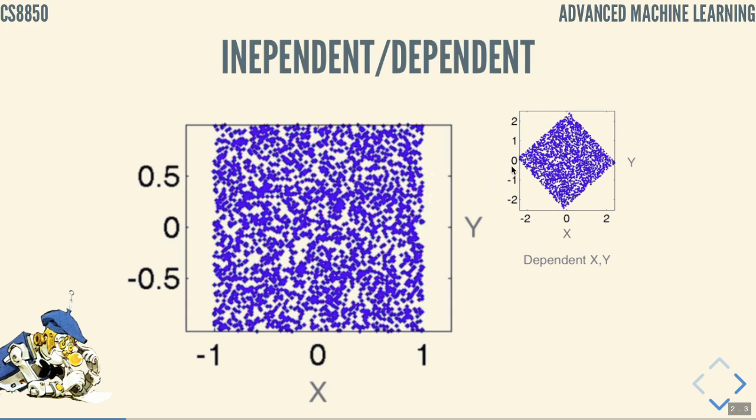If you know that the value of y is 0, you don't know much about x. It could be anywhere. But if you know that the value of y is 2, then you pretty much know where x will be. So there is a dependence between x and y, each of them has predictive power about the other.